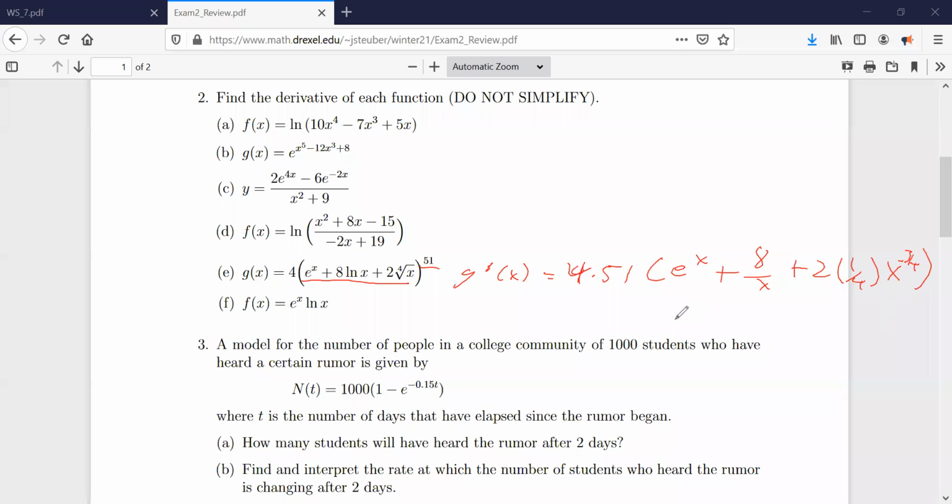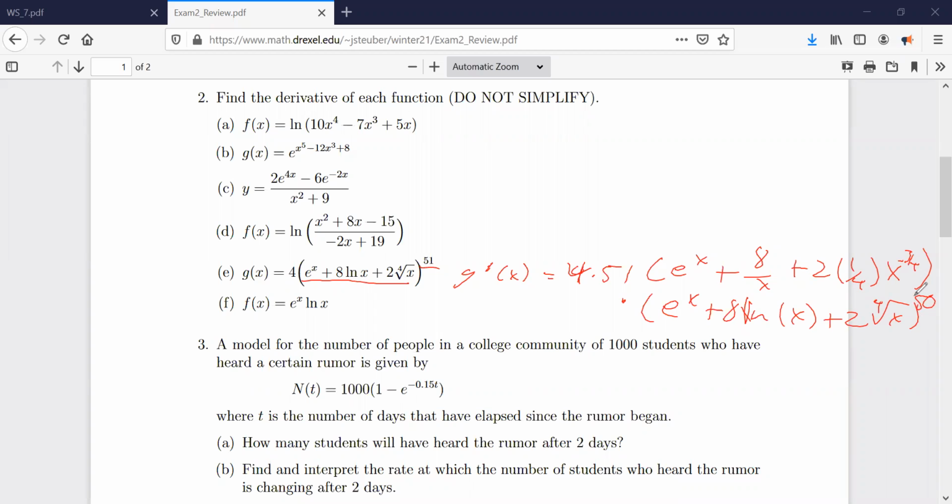And then this whole thing is still times e to the x plus 8 ln of x plus 2 times the fourth root of x to the 50.